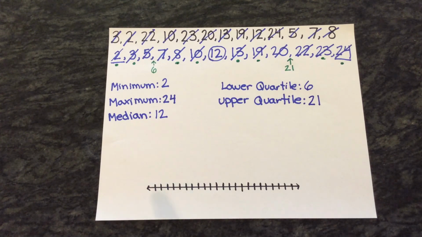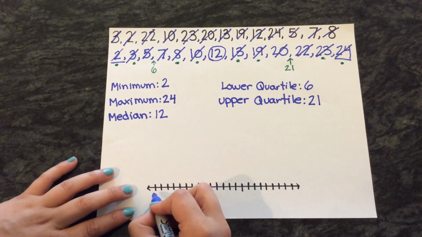Now that we have our 5 numbers, we are able to construct a box and whisker plot. When creating a box and whisker plot, we must include a number line. I'm going to label my number line by 2s.